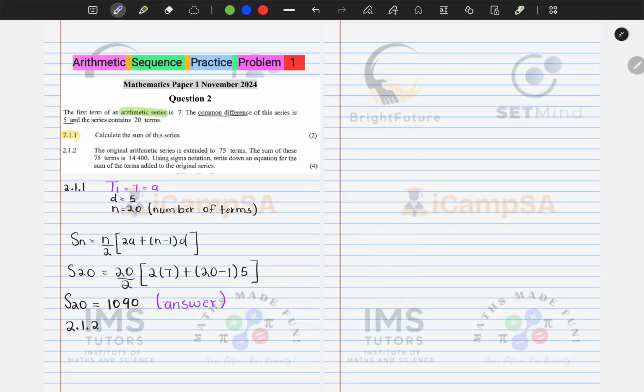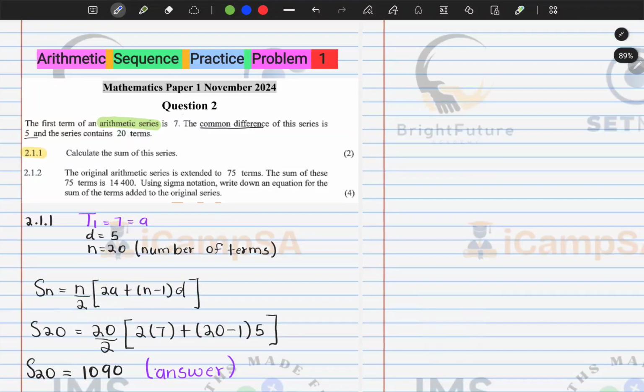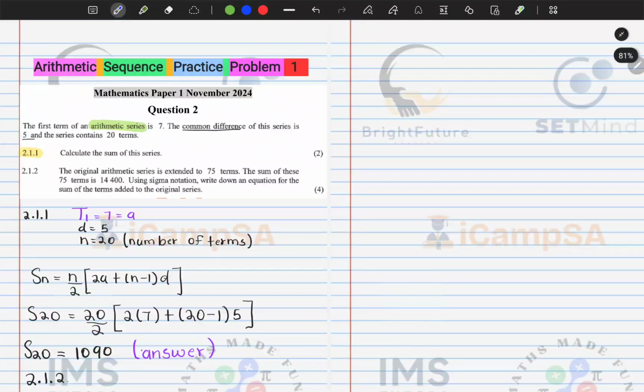Question 2.1.2 requires us to use our understanding of the sigma notation. So let's read the question. The original arithmetic series, which was 20 terms, is extended to 75 terms. The sum of these 75 terms is 14,400. Use sigma notation to write an equation for the sum of the added terms to the original series.